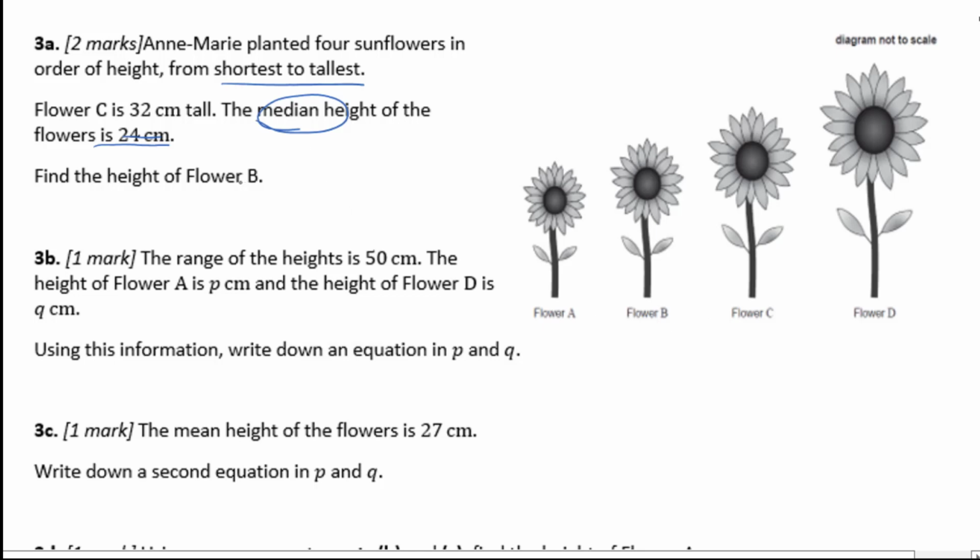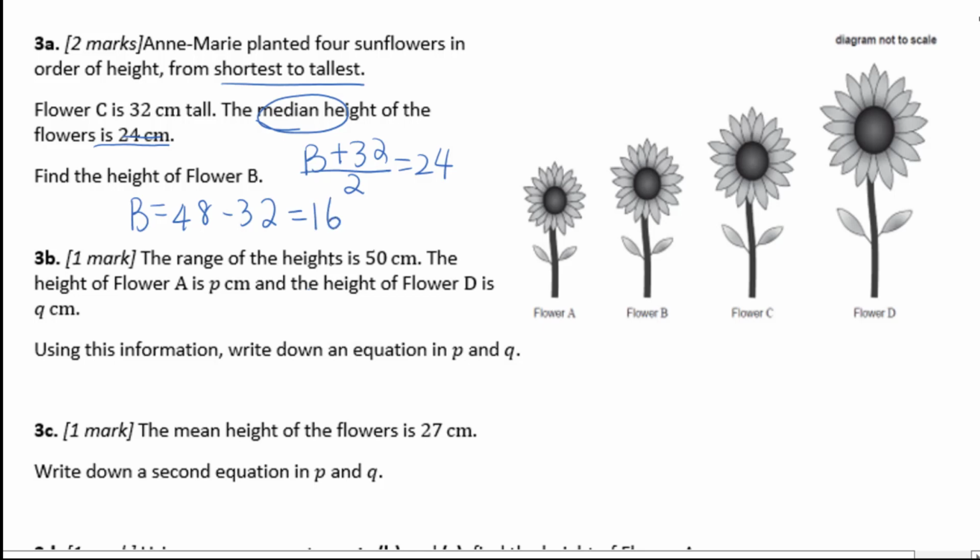Therefore, B plus 32 over 2 equals 24. So B equals 48 minus 32 equals 16.